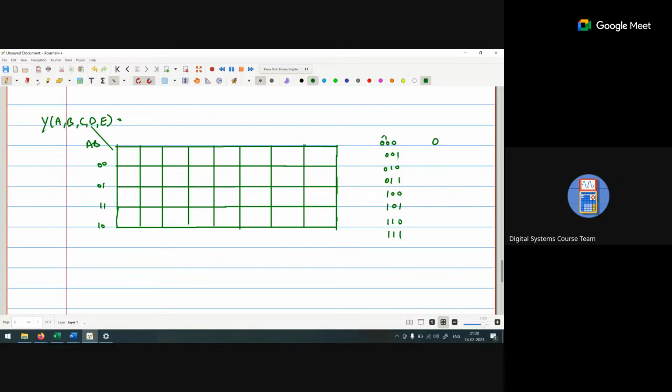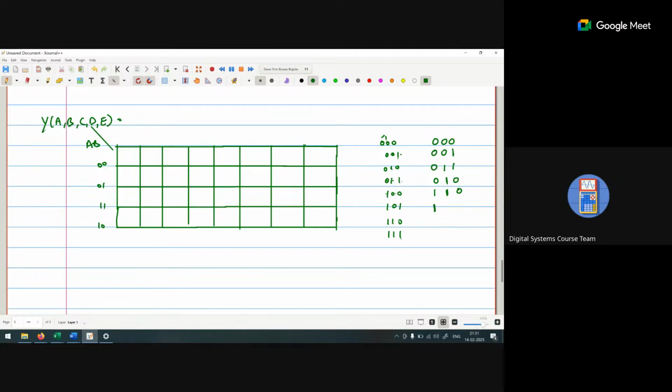So 0 0 XOR is 0. Again 0 0 XOR is 0. 0 1 XORing is 1. Now 0 0 1 XORing is 1. 1 0 XORing is 1. This one 0 0 1 XORing is 1. 1 1 XORing is 0. This one 1 0 XORing is 1 and 0 0 XORing is 0.